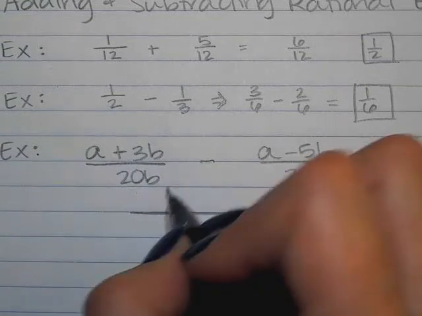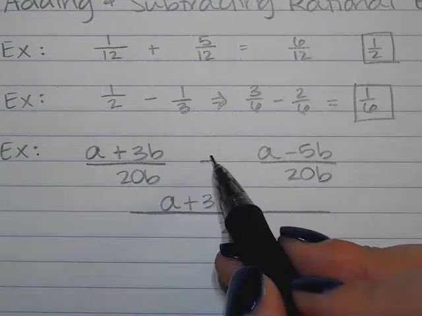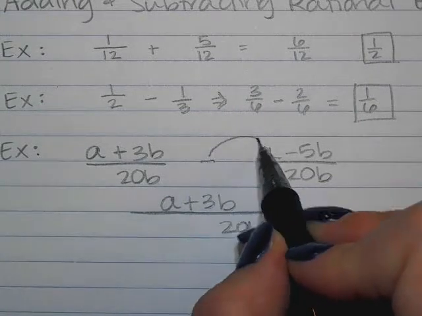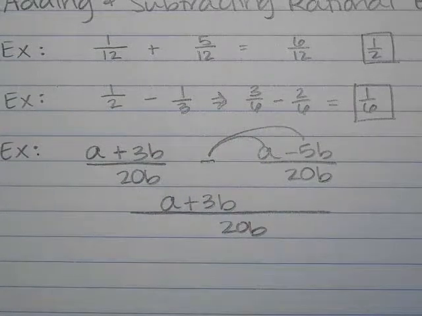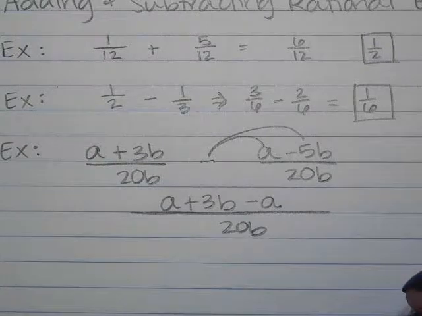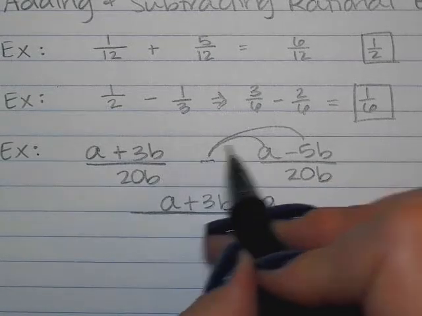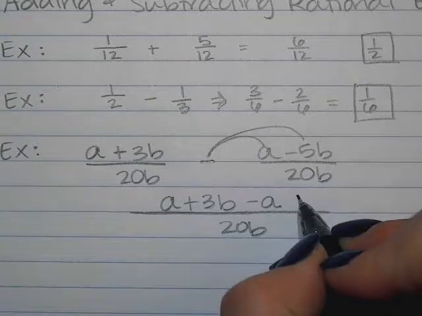For the first part, I have a plus 3b. Then I have to keep in mind that this is a subtraction problem, so I'm going to minus the a and minus negative 5b. You could put them in parentheses with a negative and then show distributing as the next step. So minus a, and then what happens when we minus negative 5b? Plus.